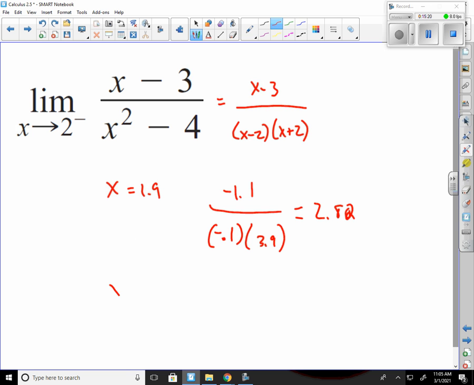If I plug 1.99 in, it's going to be even further down.